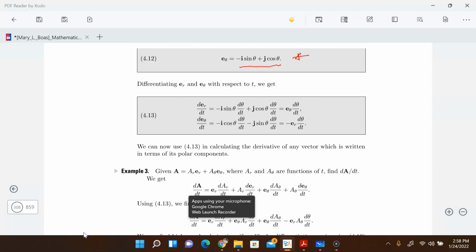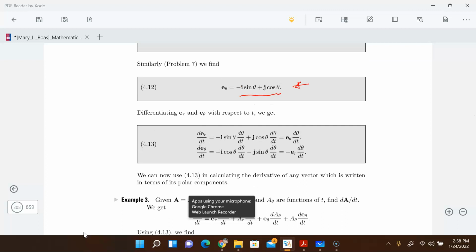So finally, as I mentioned just now, your e_r and e_theta will change if you change the position of your position vector. So you can see that in this particular case, if you take the derivative of your e_r or e_theta, you would get a non-zero answer.